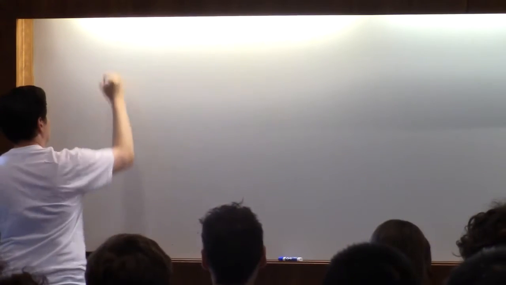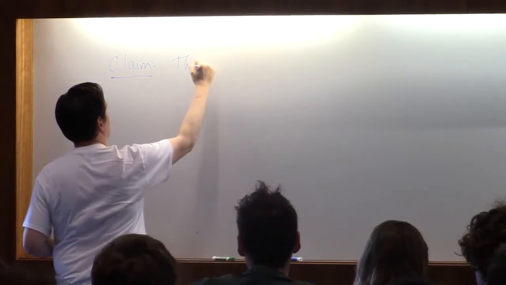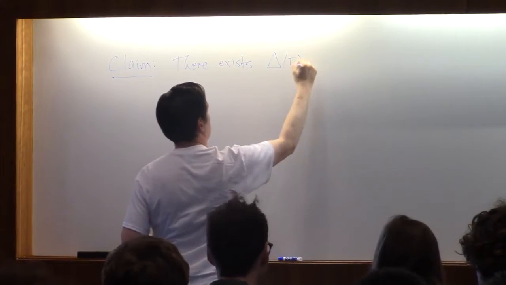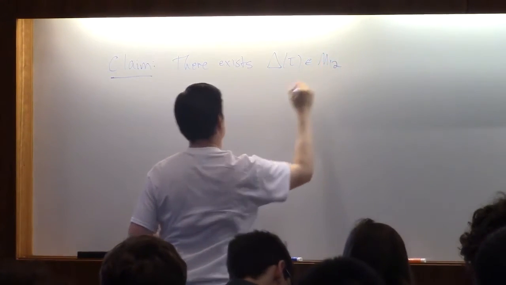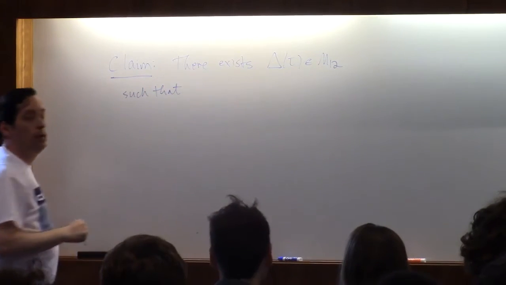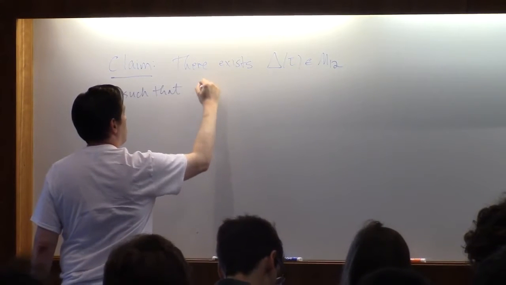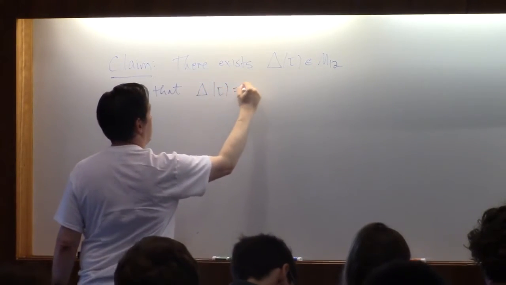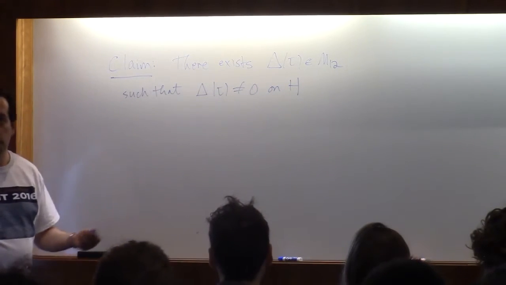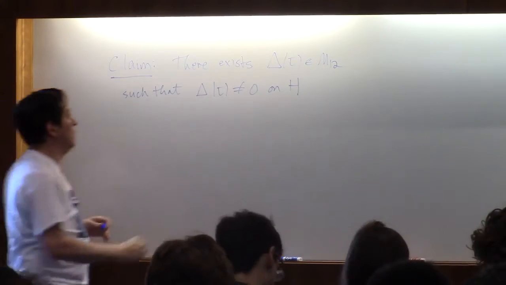I had said there exists a very special modular form of weight 12 for SL2Z such that it is non-vanishing on the whole upper half plane. Of course, most modular forms don't vanish most places, but this one doesn't vanish anywhere.